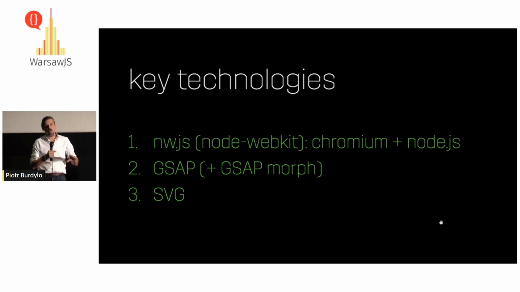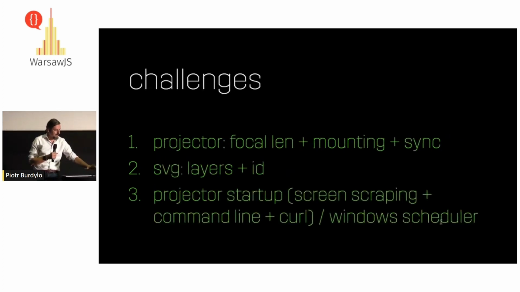All the layers are structured in a very similar way, and we had to learn how to handle this complexity so that our designers can work with it. So the challenges of the project, point two, SVGs.